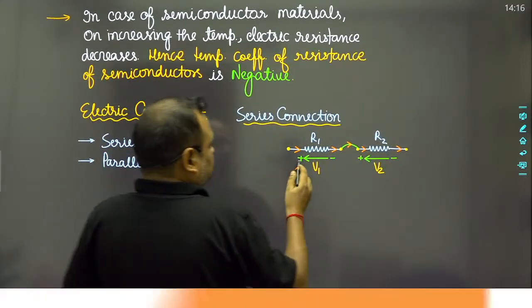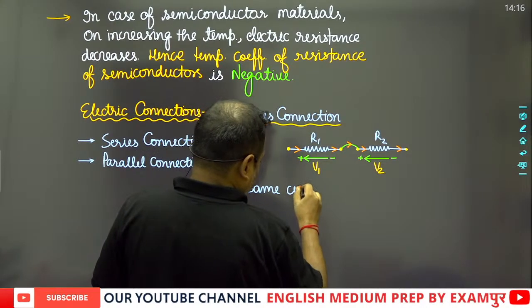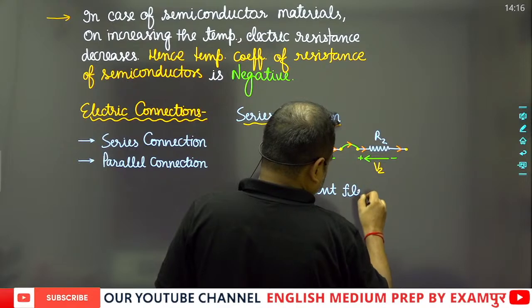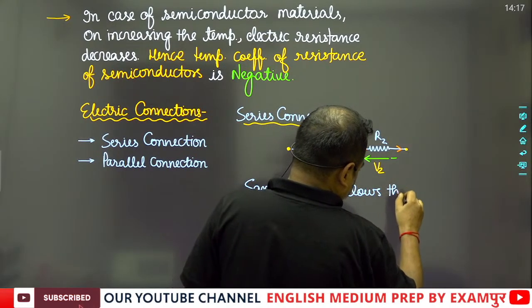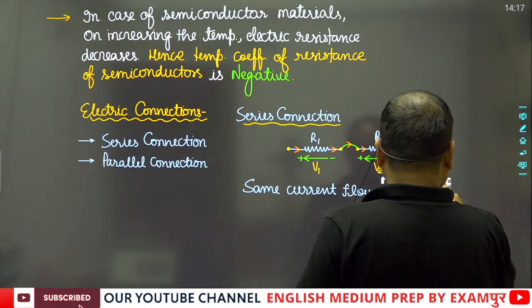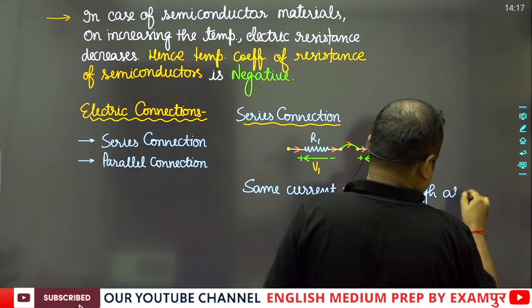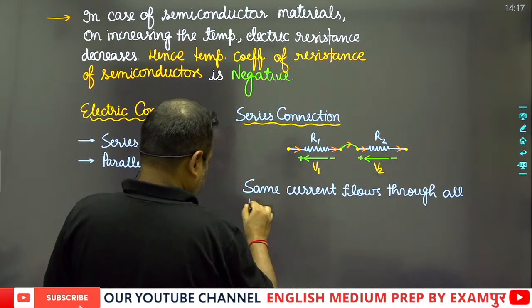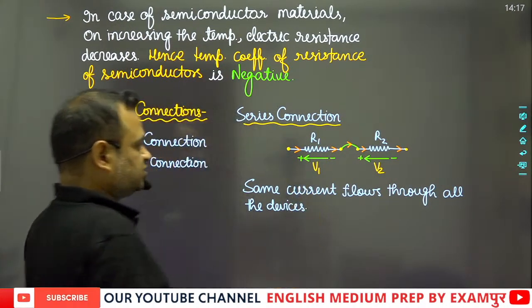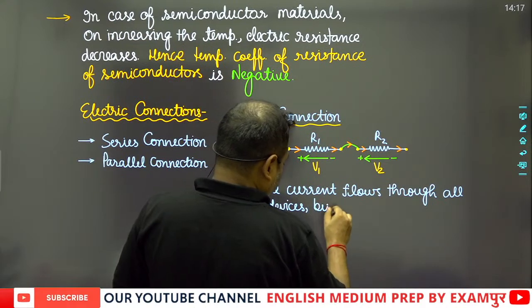Now, we will write it as: the same current flows through both devices, all the devices.